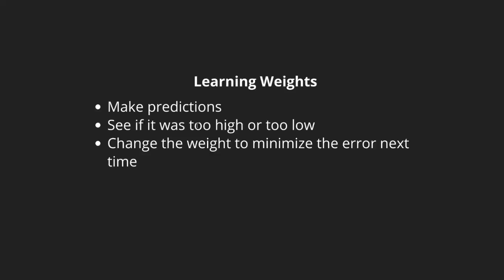If the correct answer is very different from what we predicted, the error is high. If it's very close, it's very low. And then this error can be used to change the weight to minimize the error the next time it tries to predict this value. So you try to make a prediction, you look at how much you messed up, and you use this information in a mathy way. You will see a formula later that tells you how to change the weight to make it more optimal and minimize the error next time.